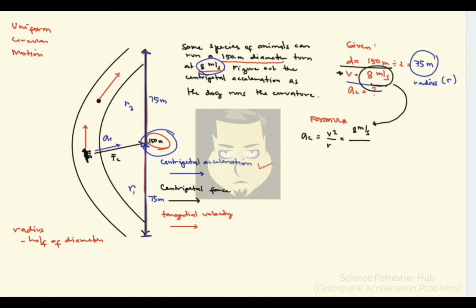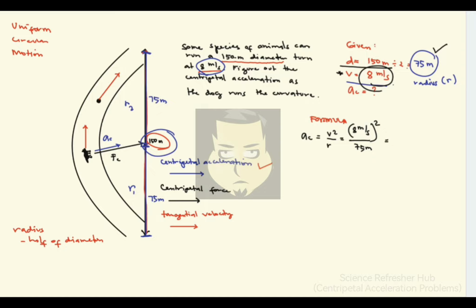But don't forget, we need to square 8 because that's the formula. And then our R, we have it here, 75, that's half of 150, the diameter. We will divide it by 75 meter.